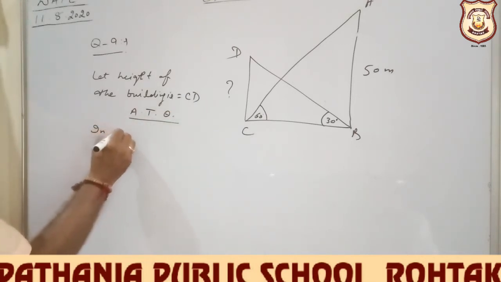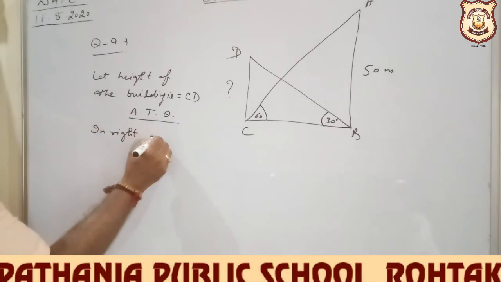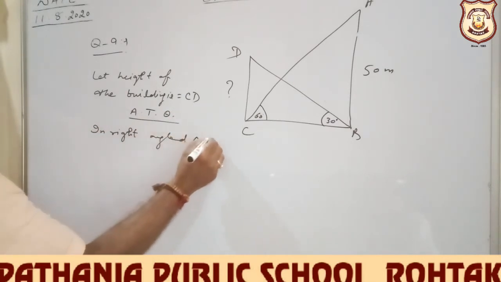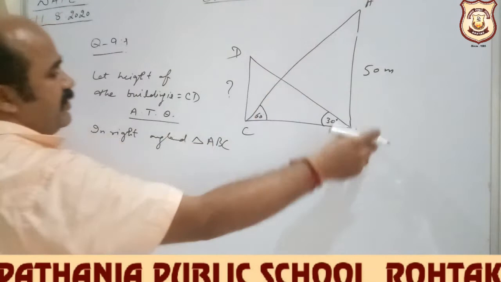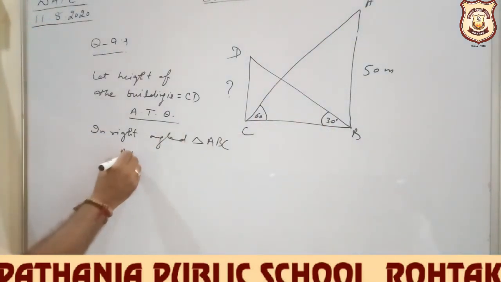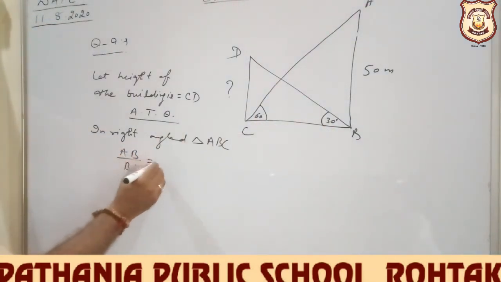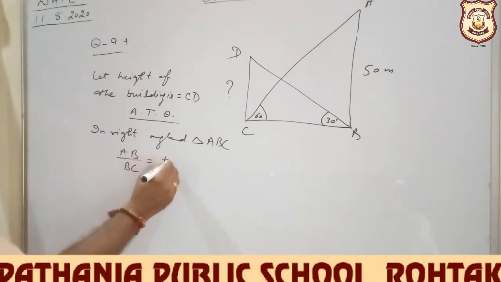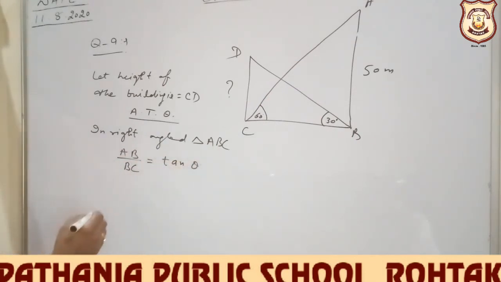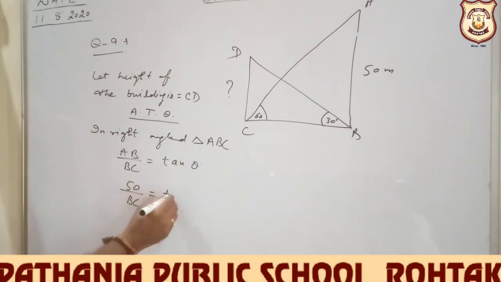In right angle triangle ABC, AB upon BC equal to tan theta. AB is 50, BC we don't know, tan 60 degree. 50 upon BC equal to root 3. This one you can interchange, BC becomes 50 by root 3.